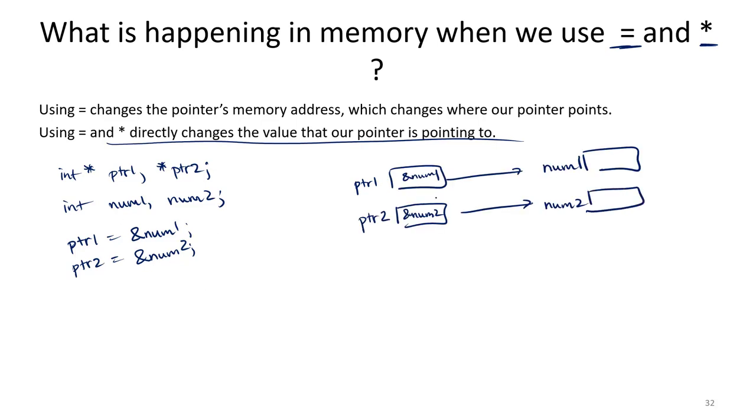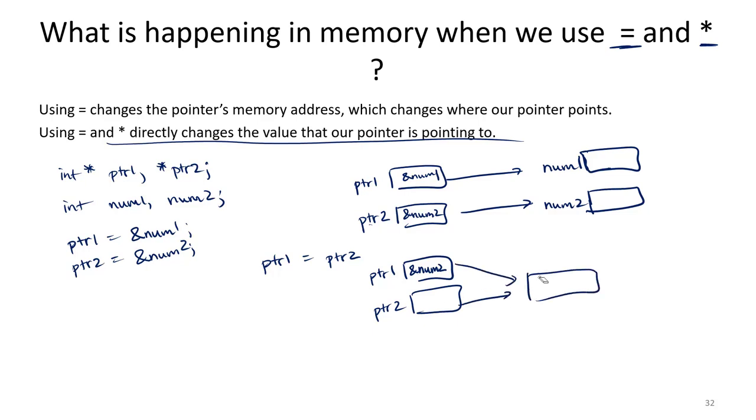So notice, if I have ptr1 pointing at the memory address of num1, ptr2 pointing at the memory address of num2, and I say ptr1 equals ptr2, then that will make ptr1 hold the same memory address as ptr2. So both of these will now point at the same thing.